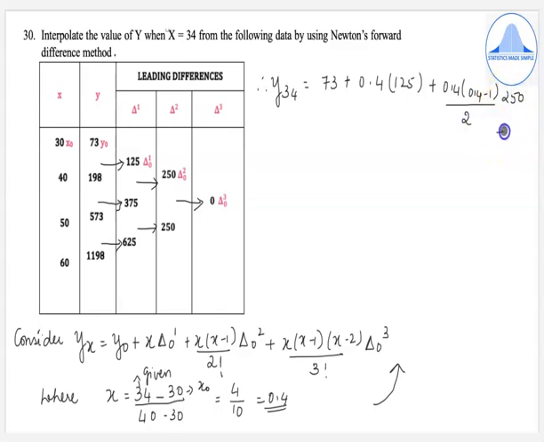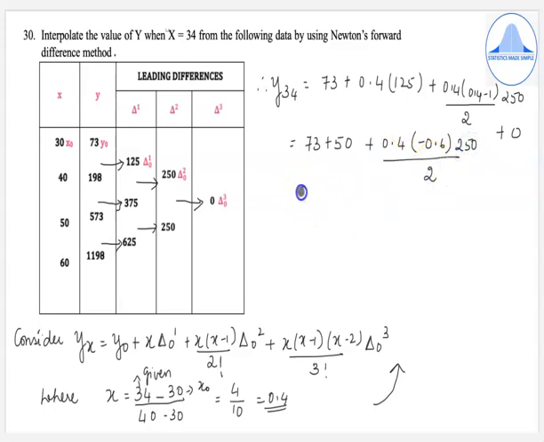Now the last term will be 0 because delta naught cubed is 0 and 0 multiplied by any term would be 0. So simplifying further, we get 73 plus 50 plus 0.4 into minus 0.6 into 250 divided by 2.